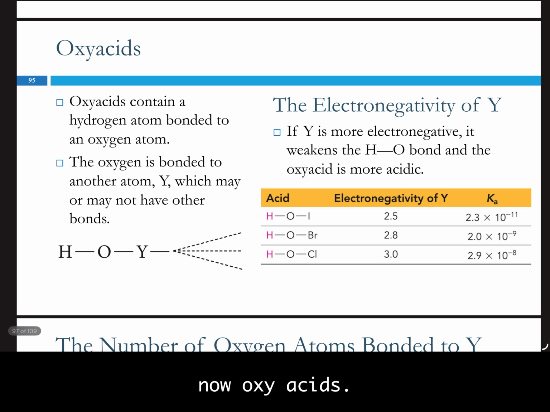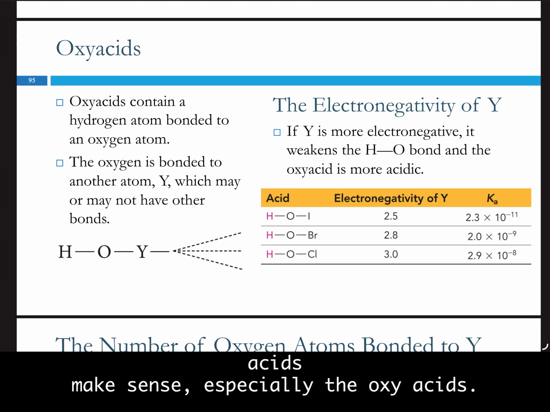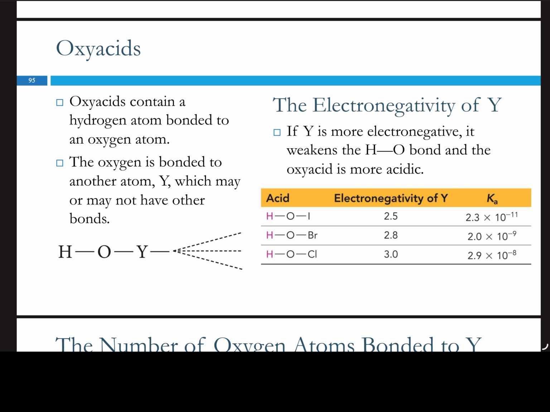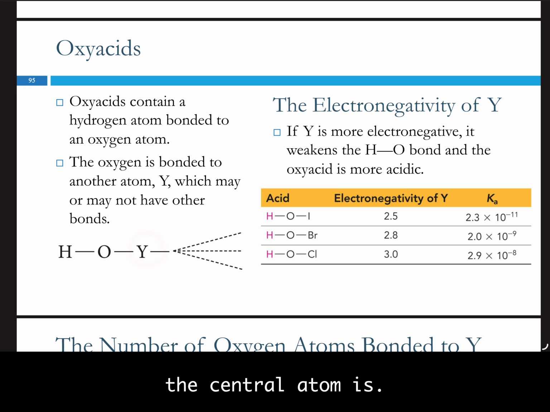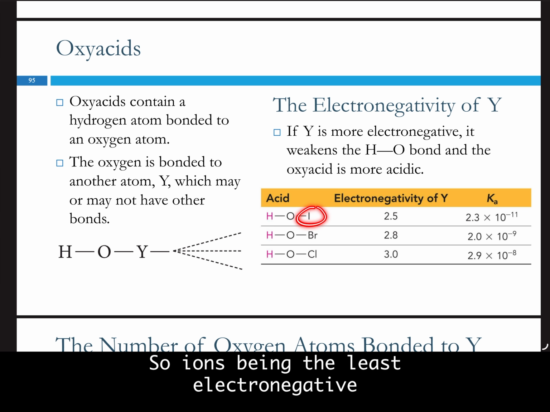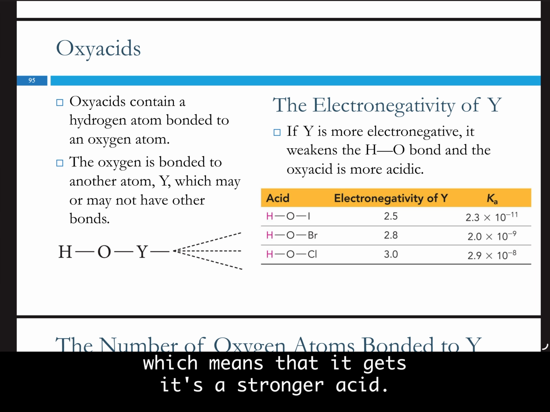Now, oxyacids, and this really makes the polyatomic acids make sense, especially the oxyacids. Again, there's the electronegativity of Y, or whatever the central atom is. As that gets more electronegative, so iodine being the least electronegative here, chlorine having the highest electronegativity, the Ka increases, which means that it's a stronger acid.